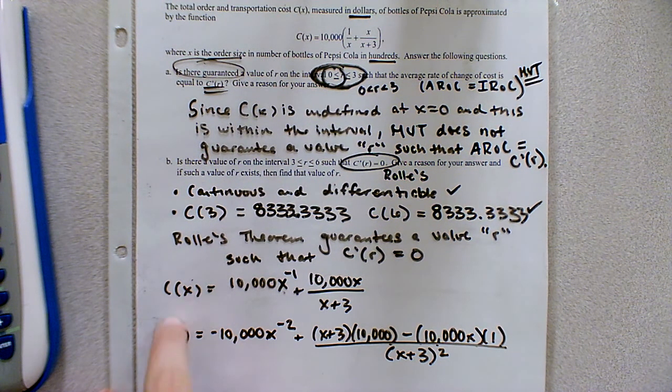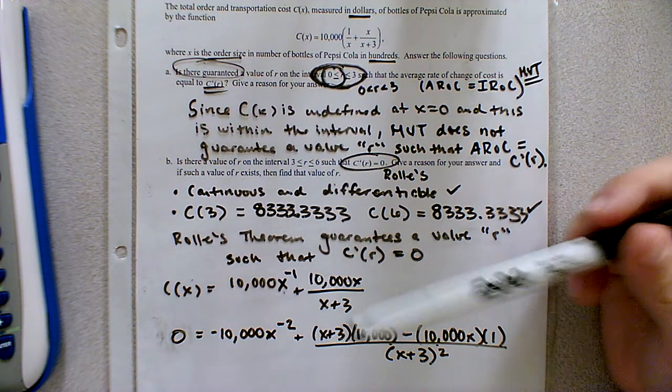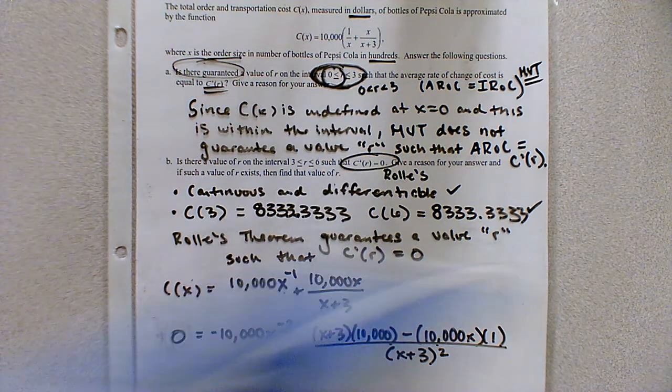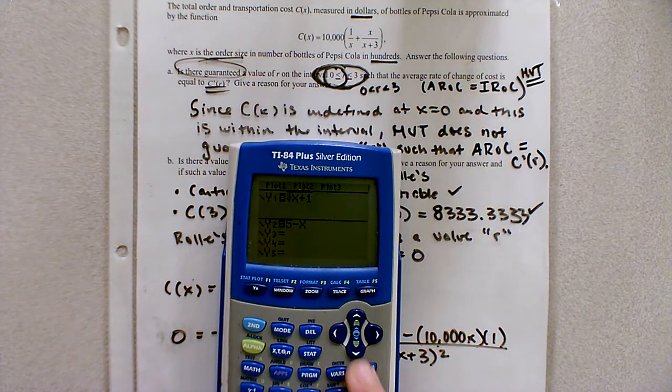So if this is our derivative, I'm going to set it equal to 0, and I really don't feel like solving this by hand, so I'm going to use our calculator to help us with that. I'm going to graph it and try to find this value.